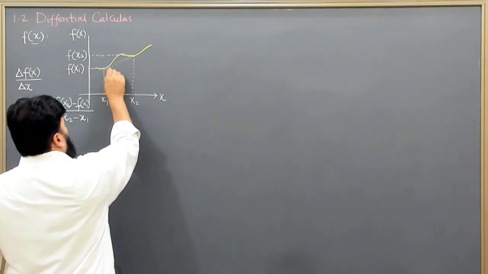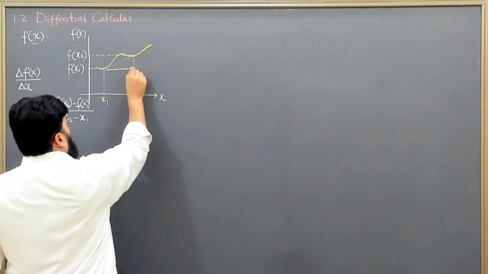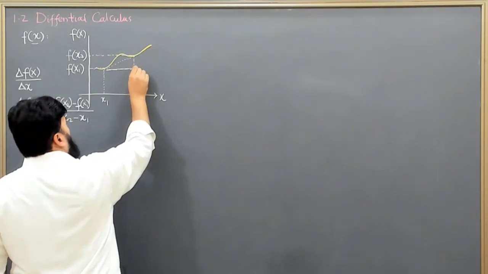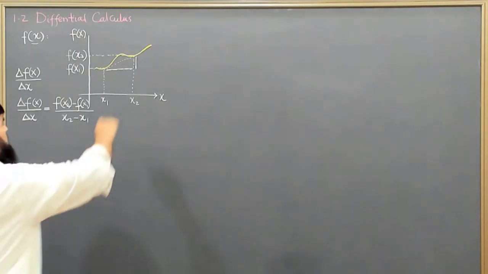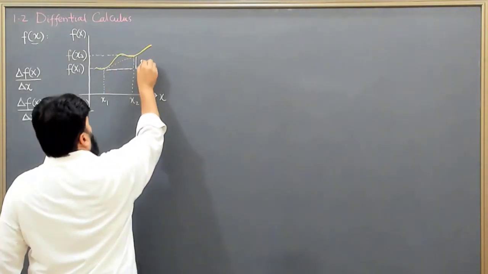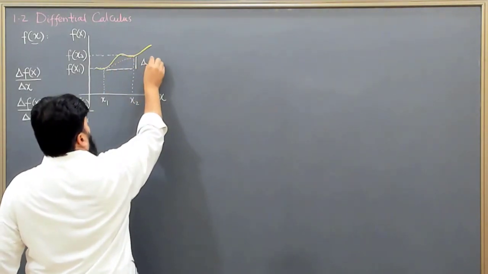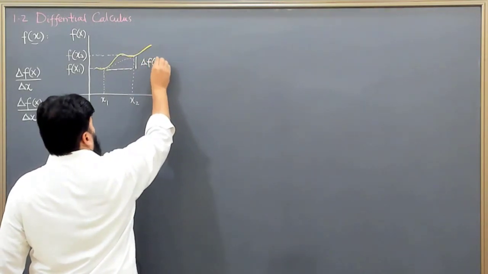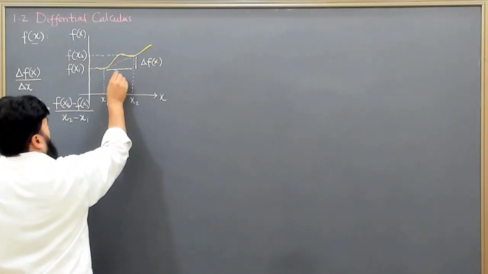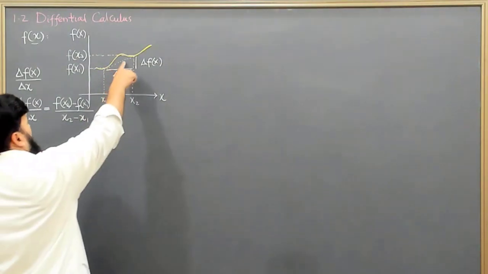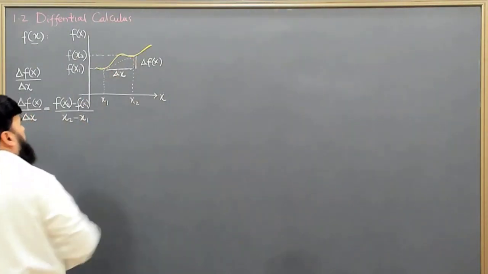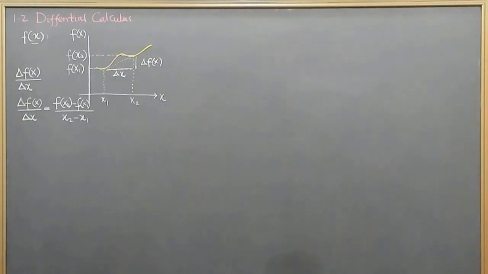It has this much change along the x-axis and this much change along the y-axis. So this change is delta of f of x, while this change is delta of x. And this line is this divided by this line. This is the final change in this function.